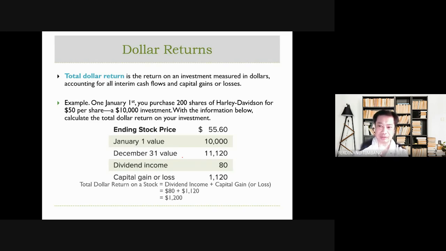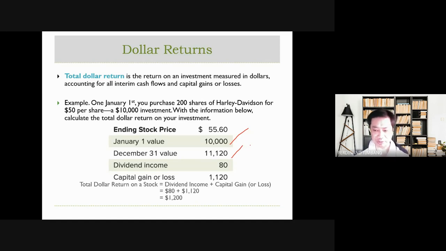So that is the return on an investment measured in dollars, accounting for all interim cash flows and capital gains or loss. So example, let's say you invested 10,000. Tapos at the end of the year, it went up to 11,120.